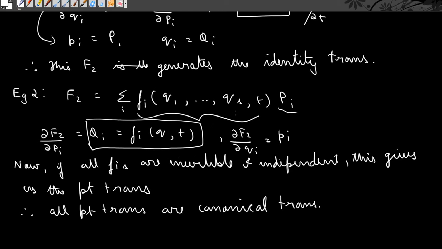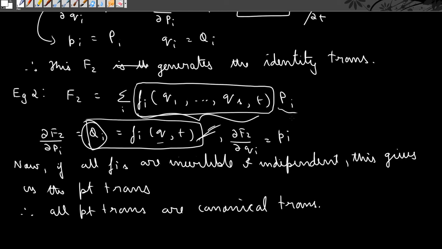That is what this equation tells us. Here we are free to choose whatever functional form of f_i, as long as they are invertible and independent, and corresponding to that we will get the point transformation, where we get Q_i as a function of the old coordinates and time.